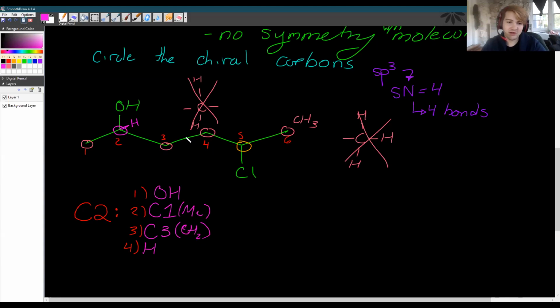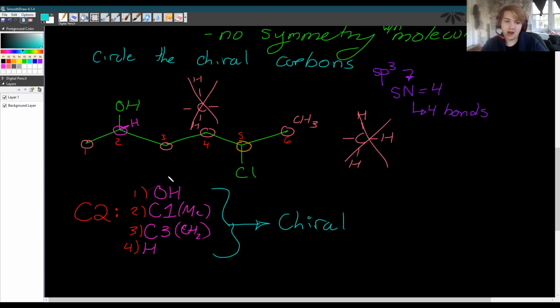Because this C3 leads on to the rest of the molecule and it's nice and complicated over here, whereas C1 is nice and simple. So obviously C1 is different than C3, okay? If we have 4 different groups, then this carbon is chiral. So we have a chiral carbon.